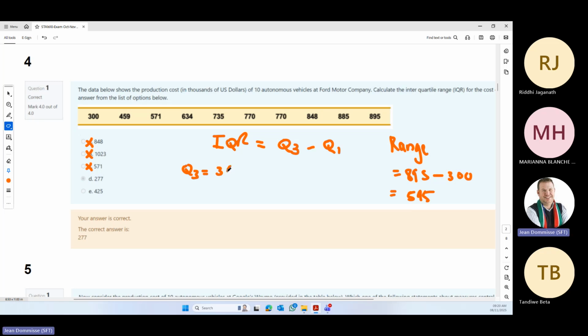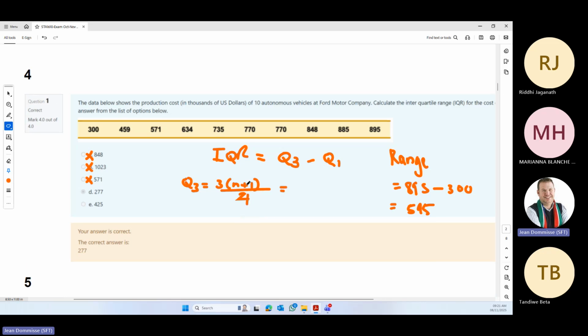So 3 times (n plus 1) divided by 4. N is 10. 10 plus 1 is 11. 11 times 3 is 33, divided by 4.